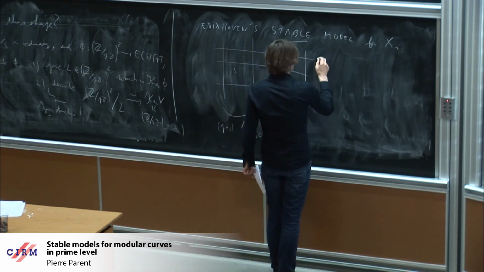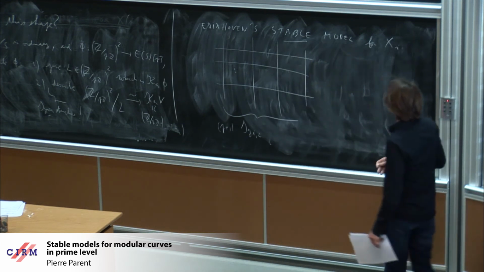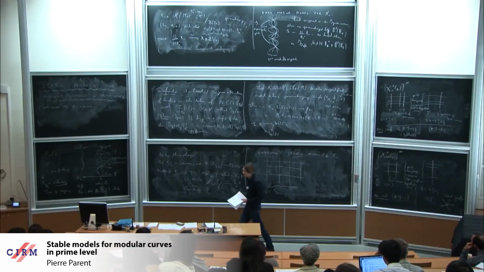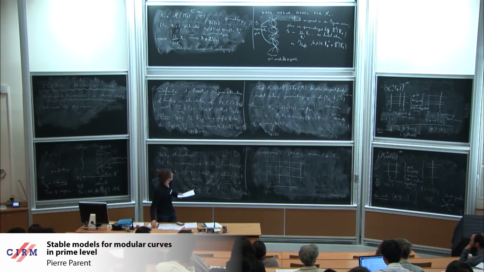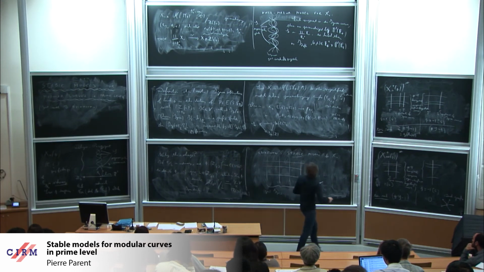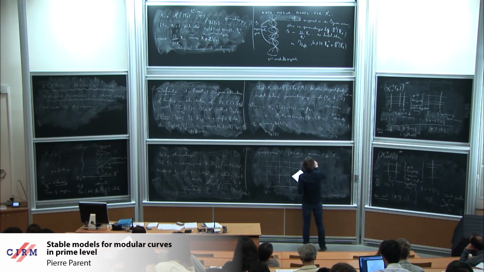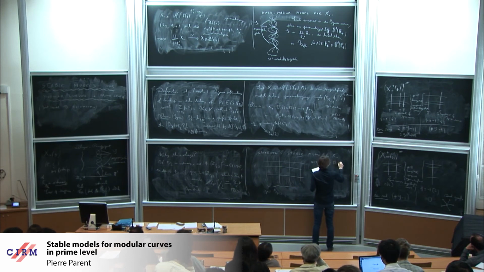And here you have new components which are obtained by blowing up, and which can be described very precisely with equations because of the blowing up computation. Okay, and now we will work on that model, and we will make a quotient by GL2 to obtain a model for those curves associated with the subgroups of GL2 of Fp. So to do that, we need to describe the action of GL2 of Fp.